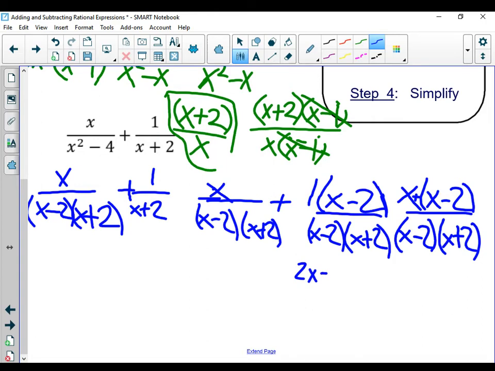We're adding, yes, 2x and then minus 2 all over x minus 2 and x plus 2. So if I think about it, I can factor out a 2 in the numerator and it'll leave me with an x minus 1, but that doesn't do anything for me. I don't get to cross something out, so that's my final answer.